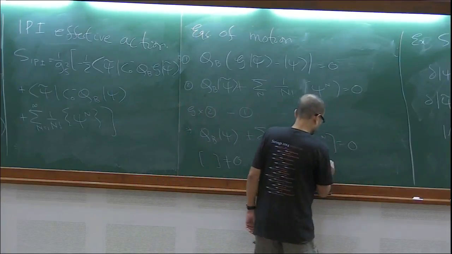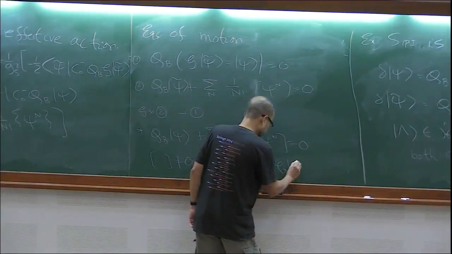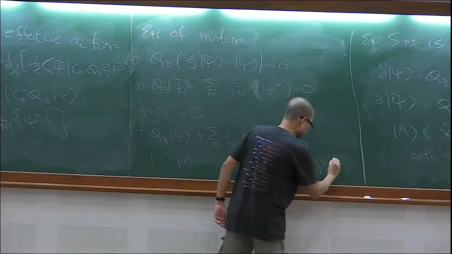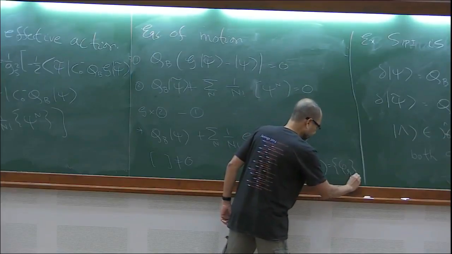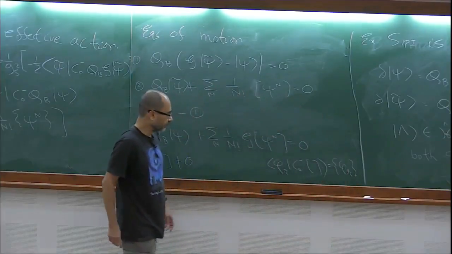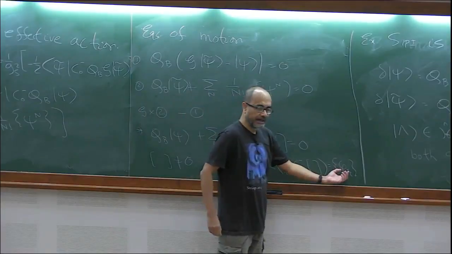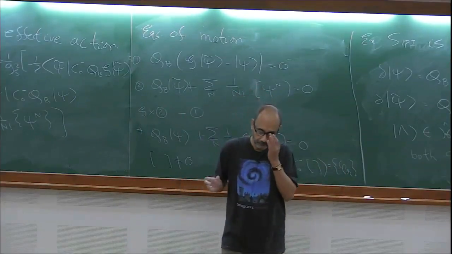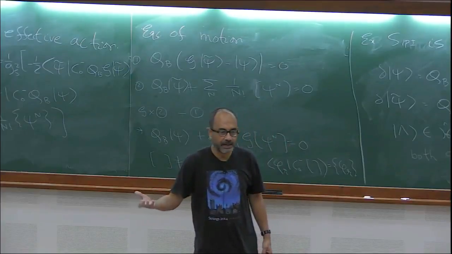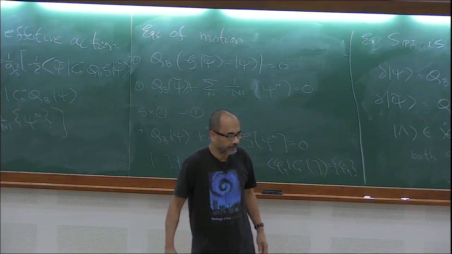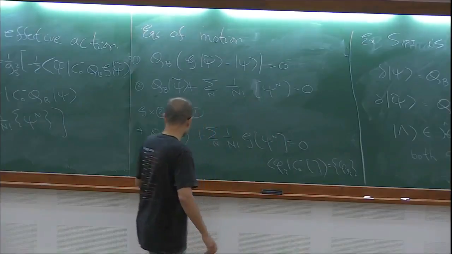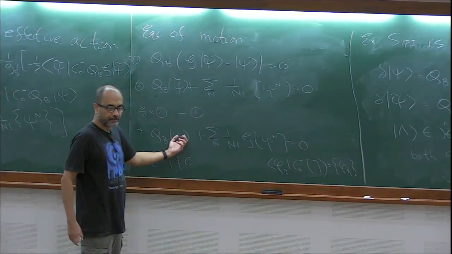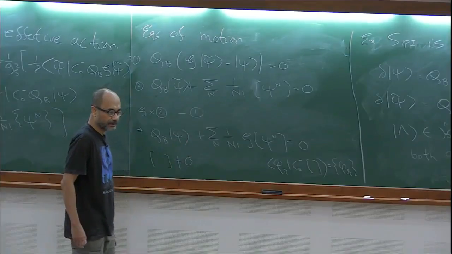By definition, the phi r C naught, without anything here, is this. And in general the one-point function of fields is not 0. Even if the massless tadpoles are 0, clearly the massive fields will have non-zero tadpole, non-zero one-point function. So this is not 0, which means that psi equal to 0 is not a solution to this equation. You really cannot expand this around psi equal to 0.